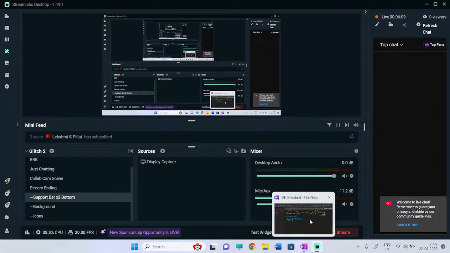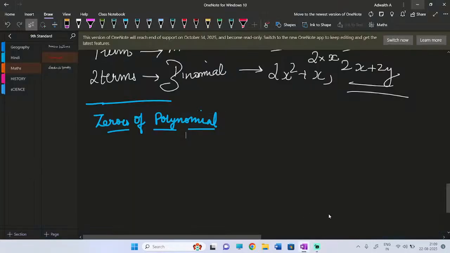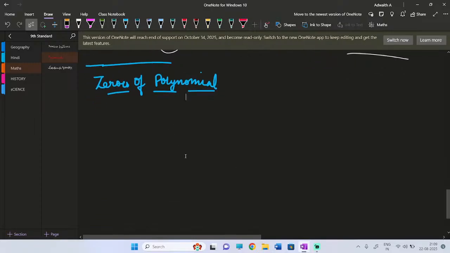We last day learned about the constant polynomial and the degrees of polynomial. Polynomials is a vast chapter. You have to learn many things in polynomial. So today I thought of starting with zeros of a polynomial.